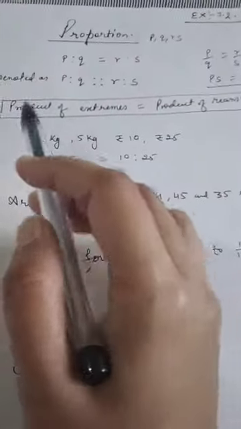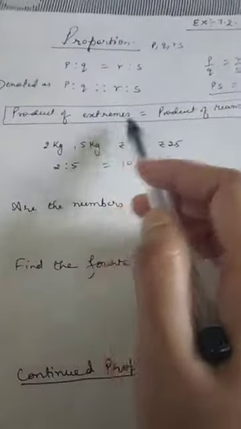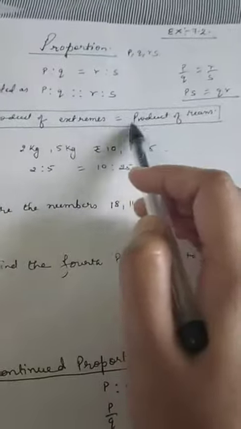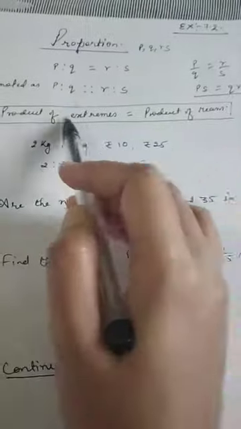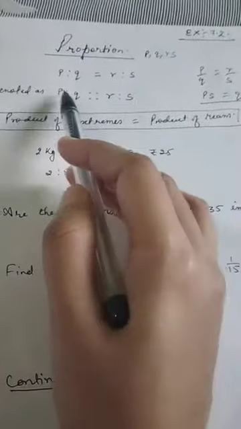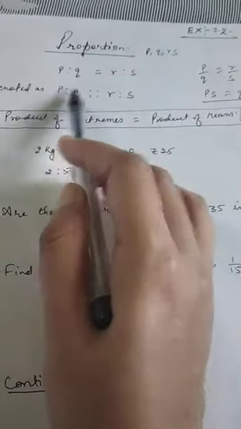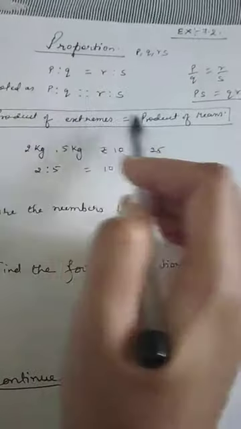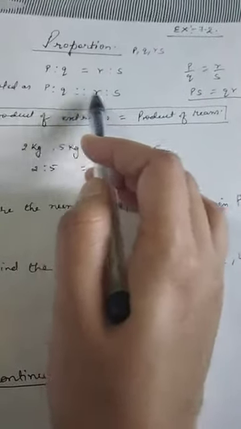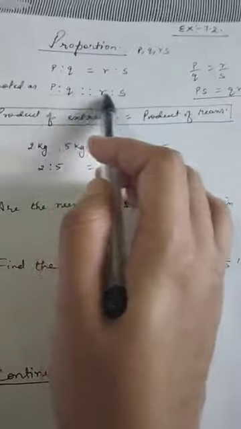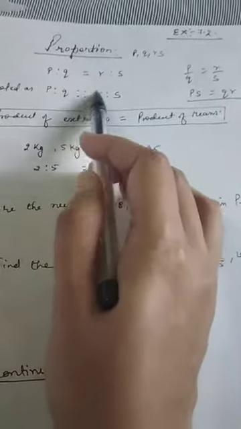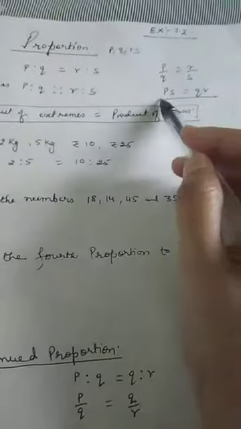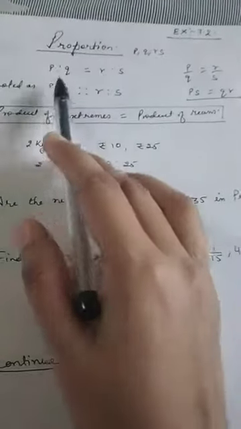Or you can apply this: product of extremes is equal to product of means. Product of extremes means P multiplied with S, and product of means means Q multiplied with R. If P into S is equal to Q into R, the terms are in proportion.